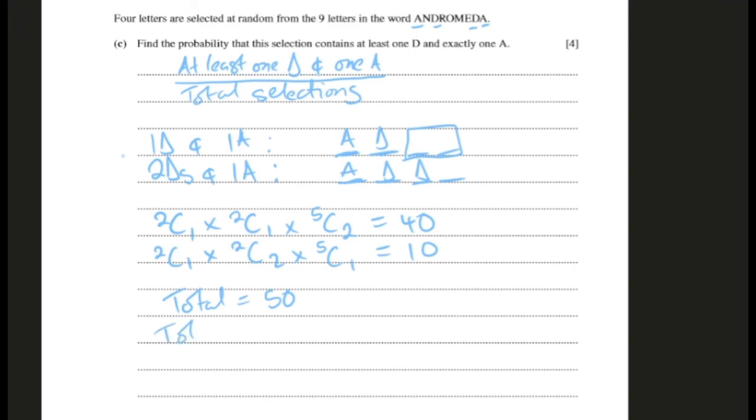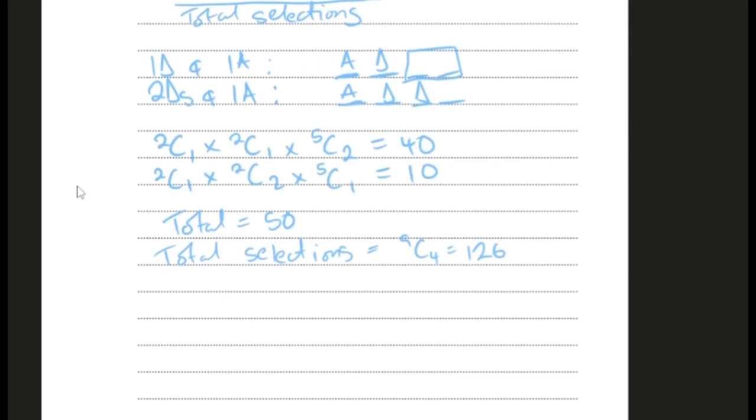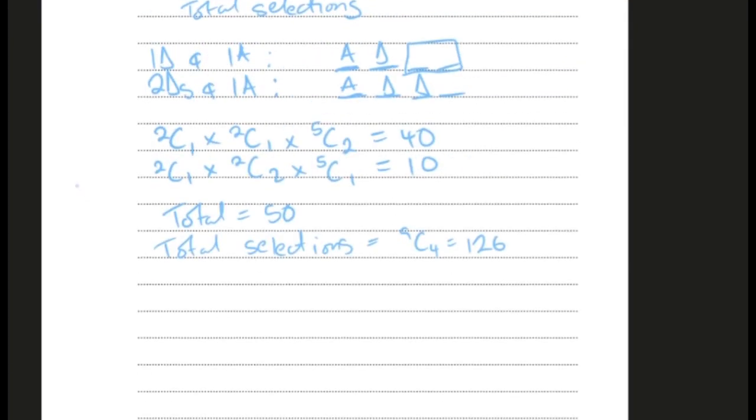So that's 9 choose 4, which is 126. So if we go back to our expression, this would then become 50 over 126. If we simplify that further, that's 25 over 63. So our final answer would be 25 over 63.